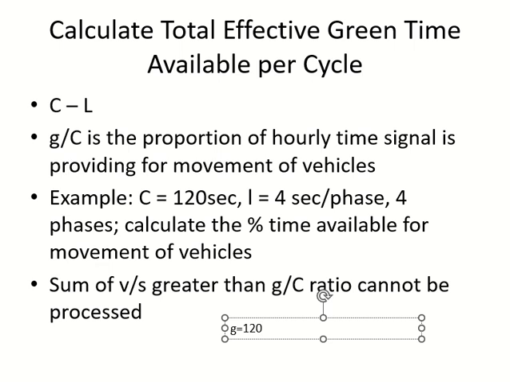Total minus lost time of one phase multiplied by the number of phases, because all phases have the same lost time. So it will be 104 seconds.